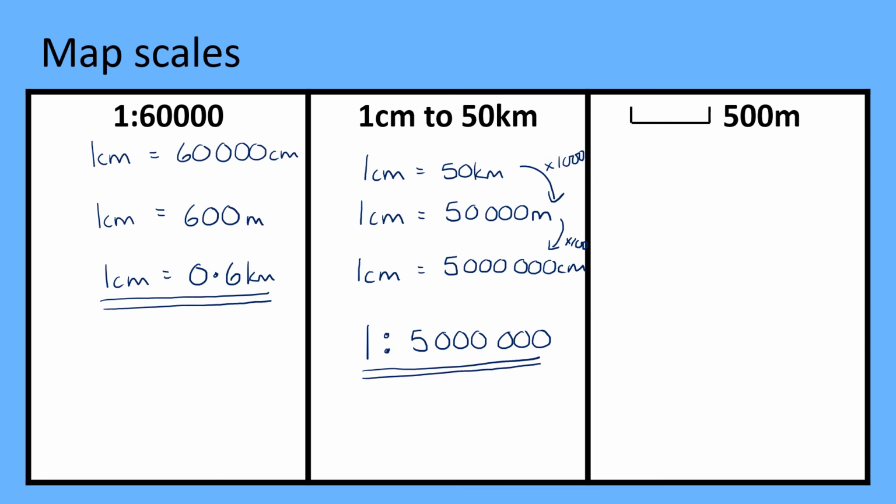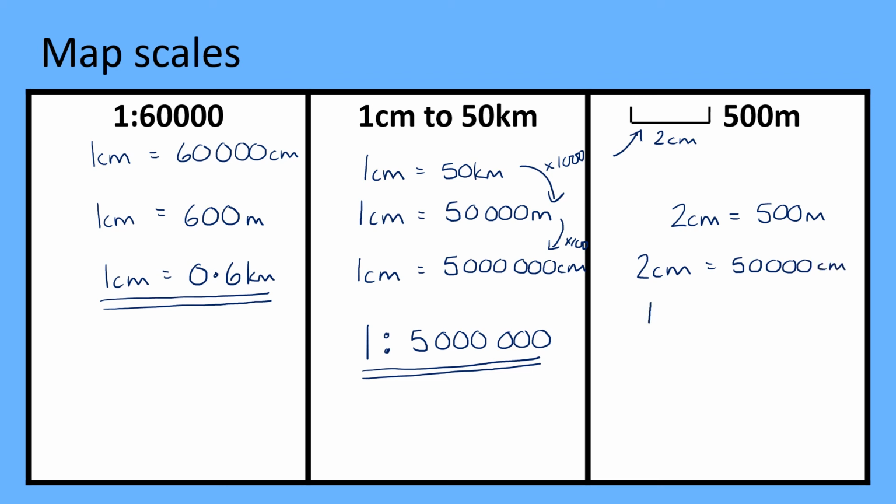Now, if you use the most popular map on your phone, which would be Google Maps, it's got something like this. It's got a little line, and then beside that, it tells you how far that line is. So if we measure this line, it would be 2 centimetres. So on my computer, 2 centimetres is equal to 500 metres. My first step is to make them both into the same unit. So I'm going to keep this as 2 centimetres, and that would be 50,000 centimetres because I need to times it by 100.